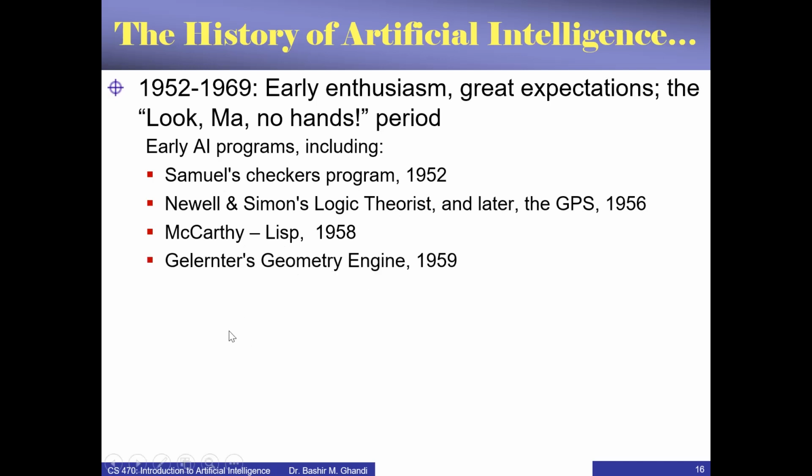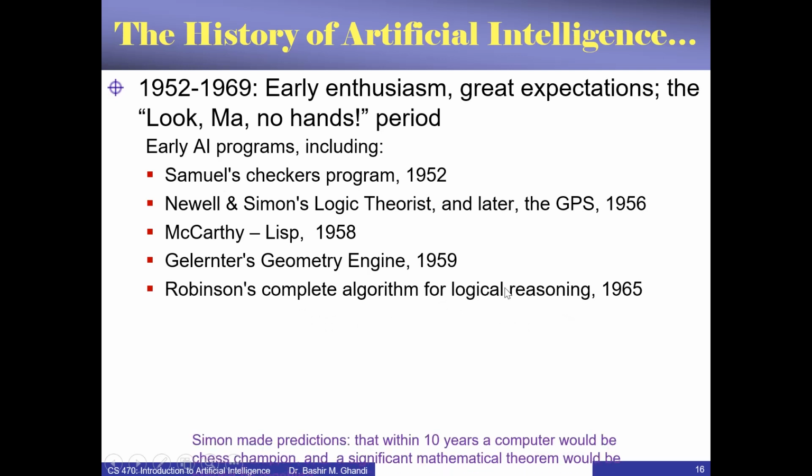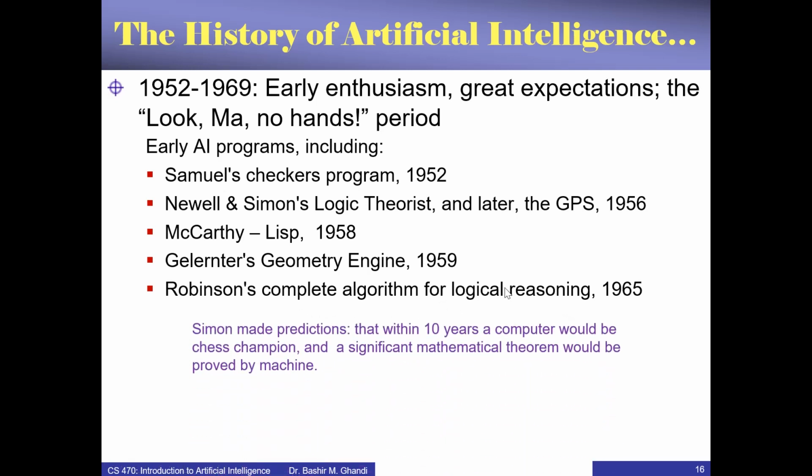Another interesting program developed during this time was the geometry engine by Gelernter. Again, this was a fascinating program that could solve geometric problems. Another one is Robinson's complete algorithm for logical reasoning, and so on and so forth.